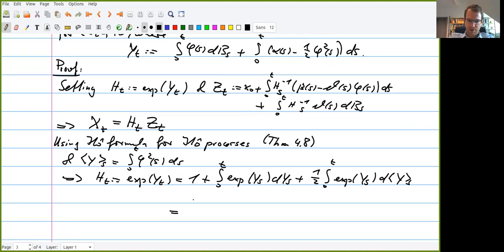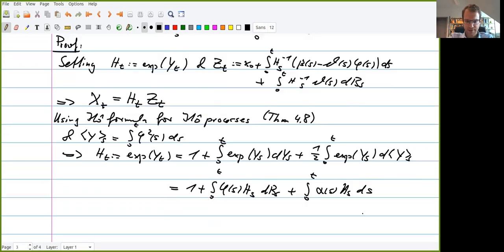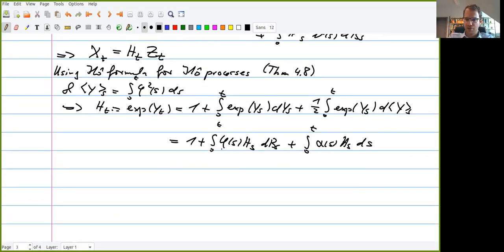Right? And now I use what I promised you here. So that's 1/2 of phi_s squared, right? This is coming from y, and here this is just h. So I get my h ds and dB_s. And now I have here all the other terms. What do I get here? I get sigma alpha h ds, because the other terms cancel. All right. So this is just the definition of y.